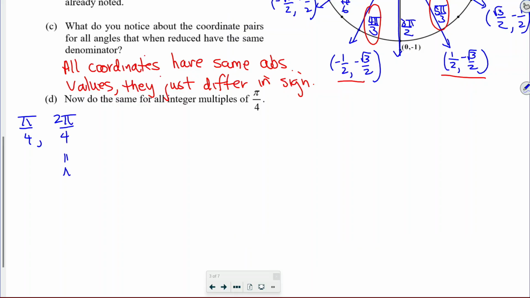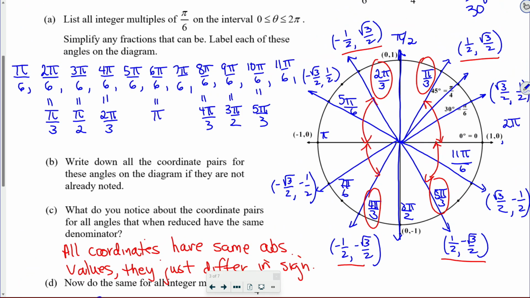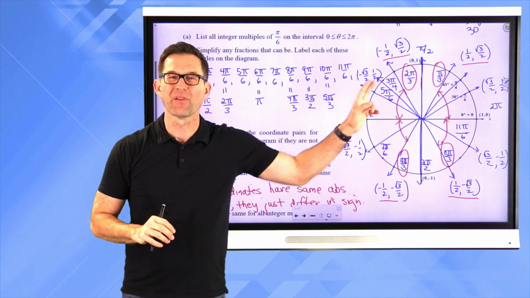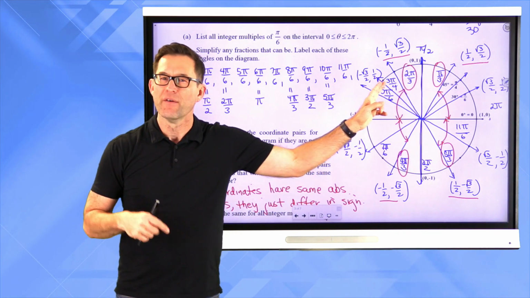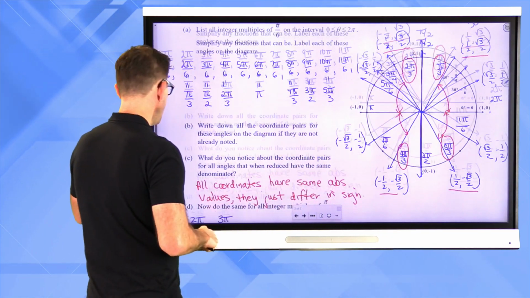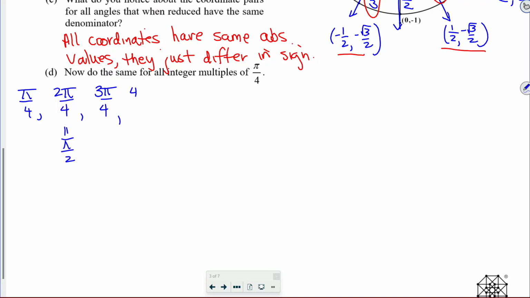Okay, so our integral multiples are pi over 4, 2 pi over 4, but that's pi over 2 and we've already labeled it, 3 pi over 4, which is right here, and I'm going to just have to sneak that in, 3 pi over 4. That would be 90 degrees plus 45 degrees, so in degrees, that would be 135 degrees. Then we've got 4 pi over 4, which is pi, and we've already got that labeled.